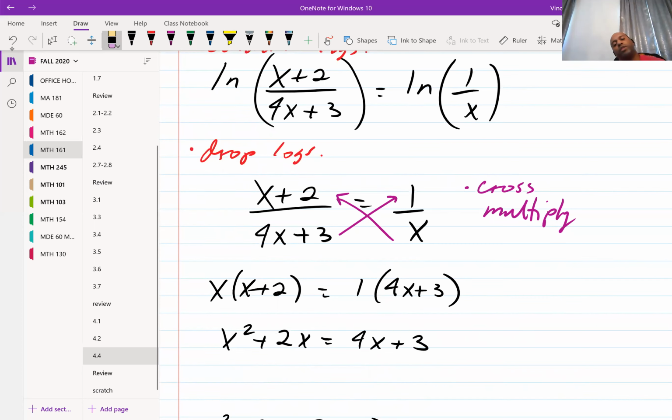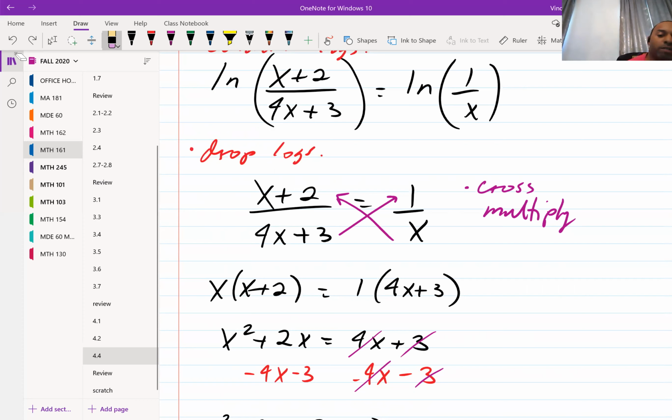That'll be x squared plus 2x equal to 4x plus 3. We want to set one side equal to 0 because we have a quadratic equation.